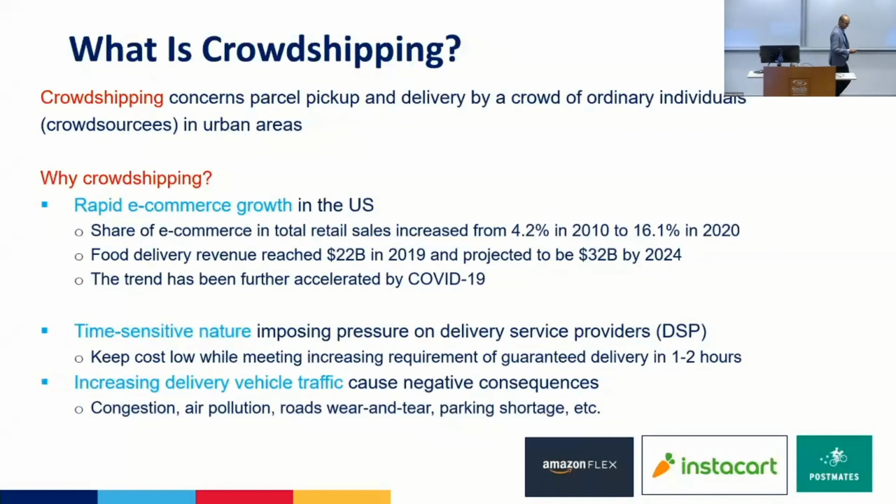So that's the context, and what is the operational problem, right? The operational problem is we want to match things. Crowdsourcees arrive dynamically on the platform, let's say we have a platform like in our company, and requests also arrive dynamically. When requests arrive, they say, okay, pick up point A, drop off point B, and the time limit is 2 hours or 1 hour.